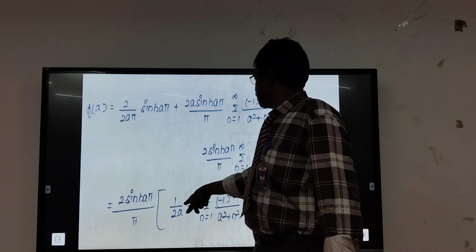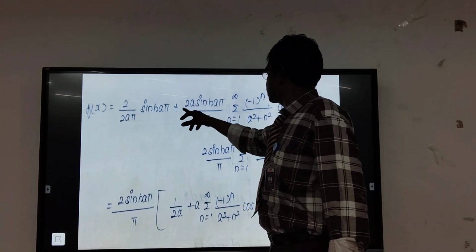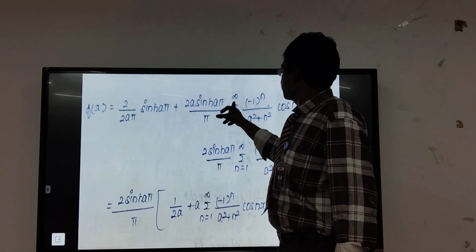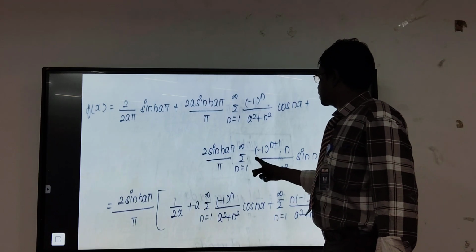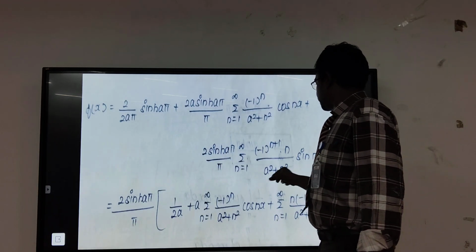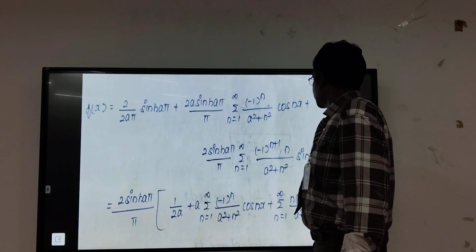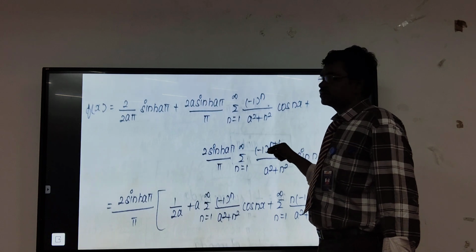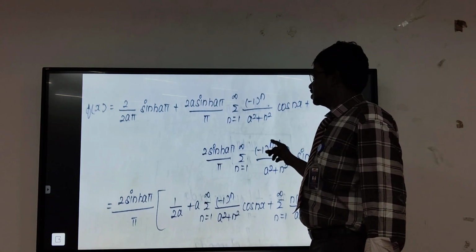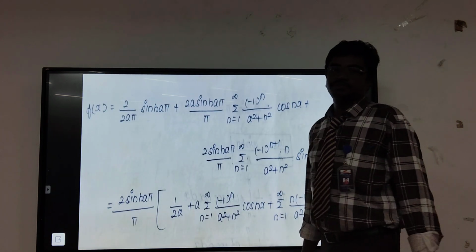So 1 by 2a plus summation minus 1 power n by a square plus n square cos nx. We take what is common, and the remaining term is minus 1 power n plus 1 by a square plus n square, n sin nx. This is the Fourier series in the interval minus pi to pi, for the function e power ax. Okay, thank you.